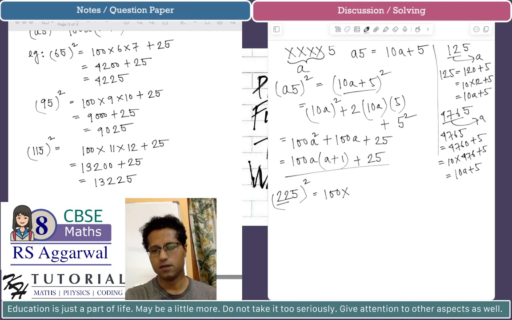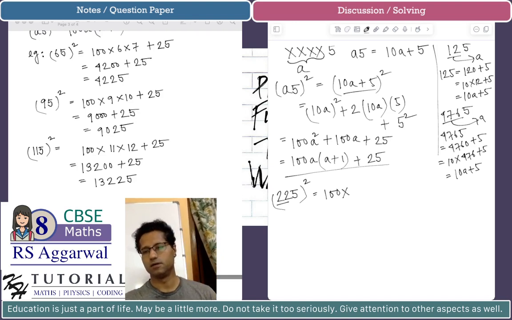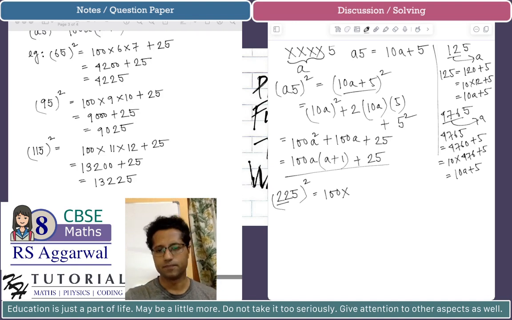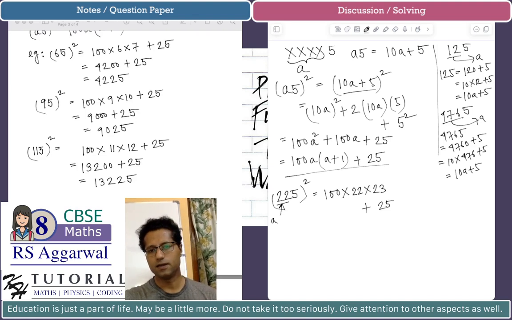In the given number, you ignore the digit at the unit place, which is always 5. So whatever number remains, that is a. A is 22. So 22, and then you multiply by 22 plus 1, that is 23, and then you just add 25. So this is the formula, very simple: 100 into a into a plus 1, plus 25.